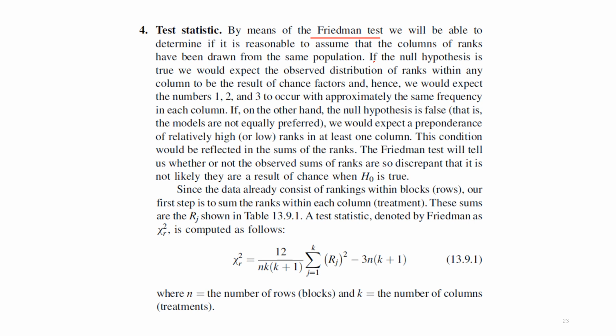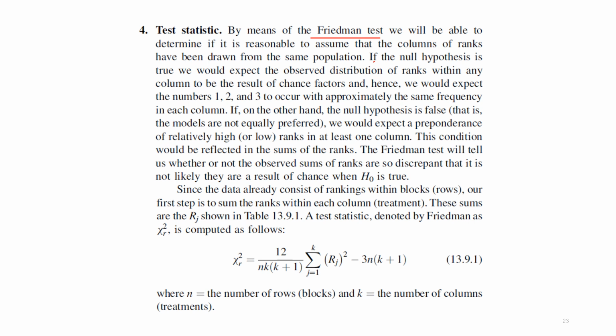This condition would be reflected in the sums of the ranks. The Friedman test will tell us whether the observed sums of ranks are so discrepant that it is not likely they are a result of chance when H0 is true.